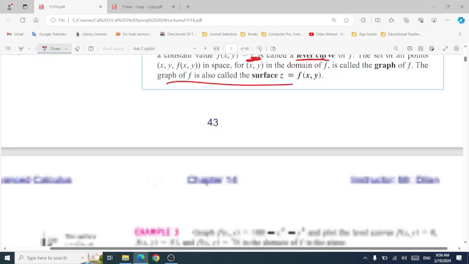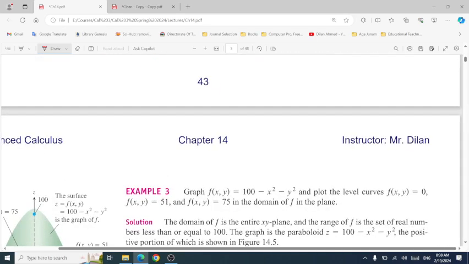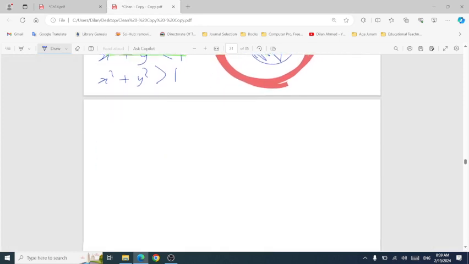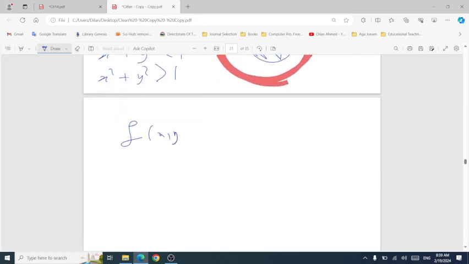Okay, let us go to the example again. Look here. f of x, y equal to 100 minus x square minus y square. Clear?